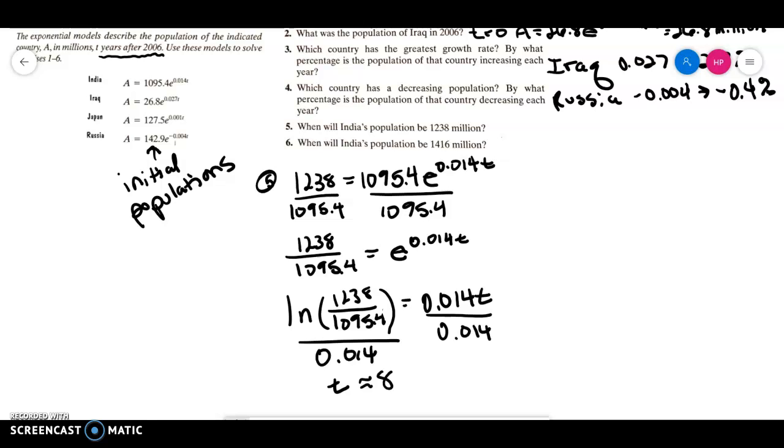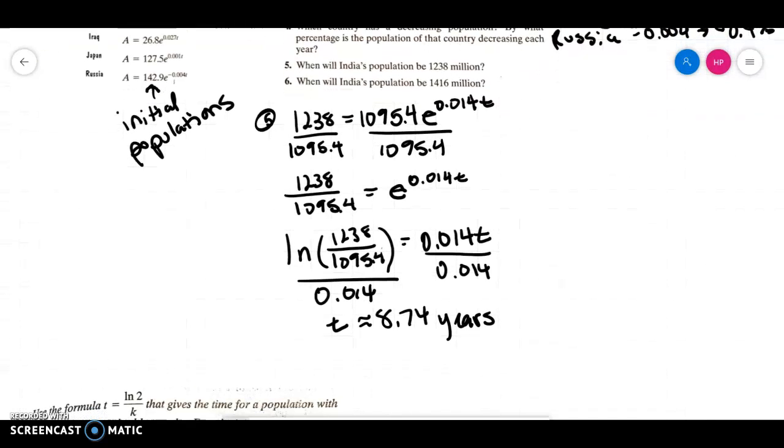And so if we have 8.74 years since 2006, if we call it 9 years, it would actually be in about 2015 that the population would have been expected to reach that value. So if you would like to fact check that, you can go back and see in 2015 what the population of India was.